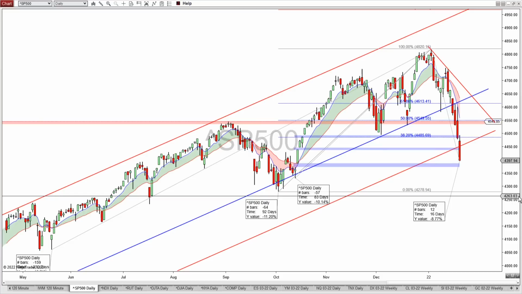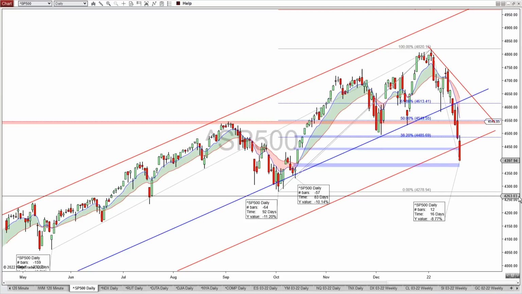So we could be getting close to that extreme pessimism or fear in the market, okay, because we are noticing that the up-down volume ratio is heavily negative in favor of the down volume, and also the advance decline, as well as the explosion of the number of stocks making new 52-week lows. So keep an eye on that.